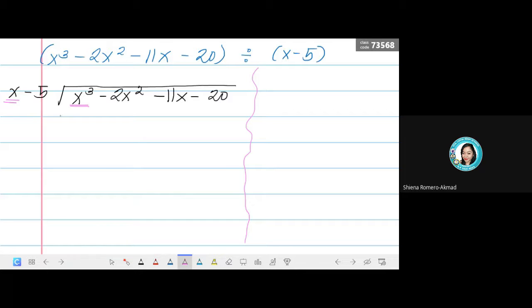So, pag dinivide natin yan, that would be x cubed divided by x. Naalala nyo kanina, nung nag-divide tayo, anong ginagawa natin sa exponent? Nagsasubtract po. Yes, correct, Diego.